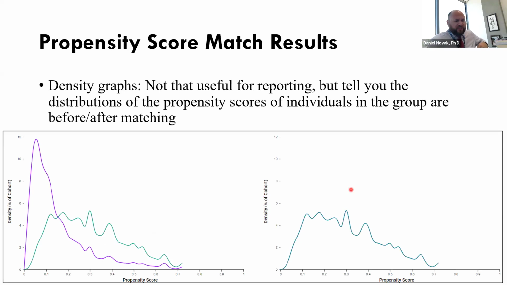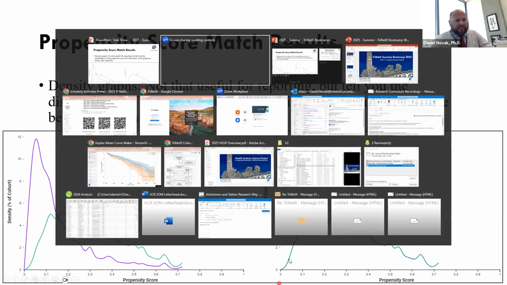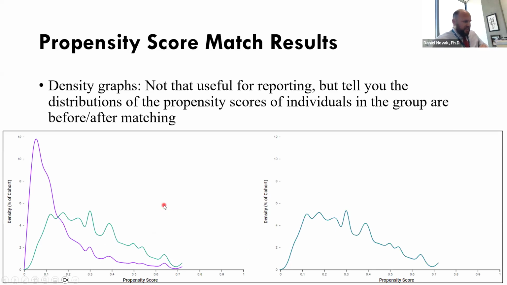So the first thing you're going to see when you get to your results on your studies in TriNetX is a graph that looks like this weird squiggle over here. Basically what this tells us, as I mentioned earlier, is whether there's a lot of propensity for one particular group of people to be in one group versus the other.